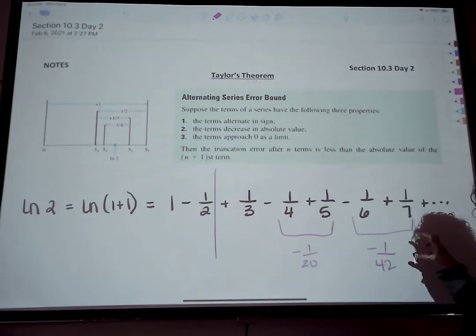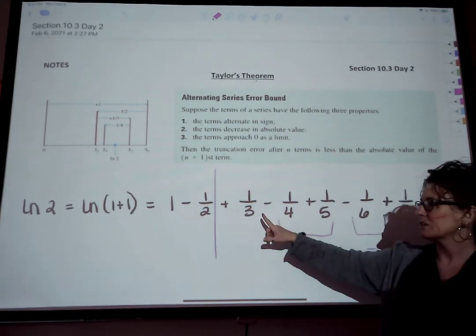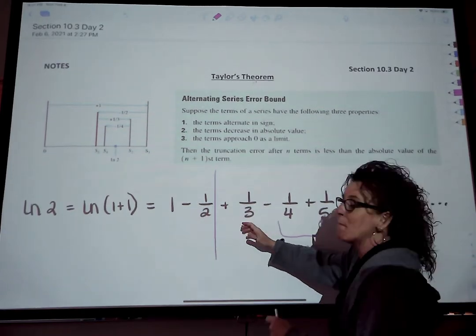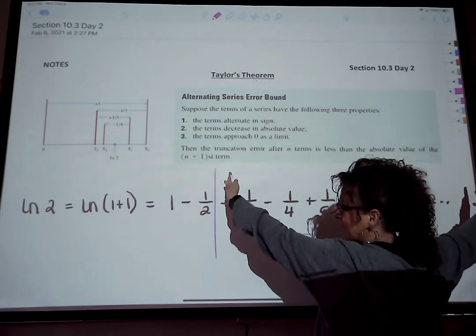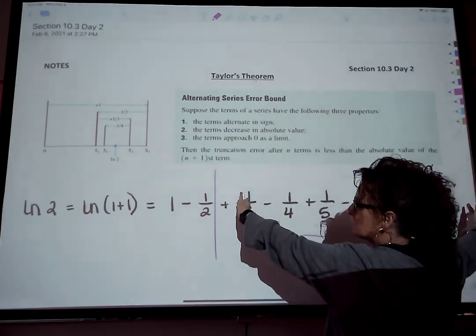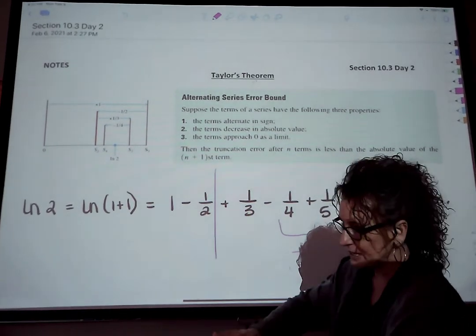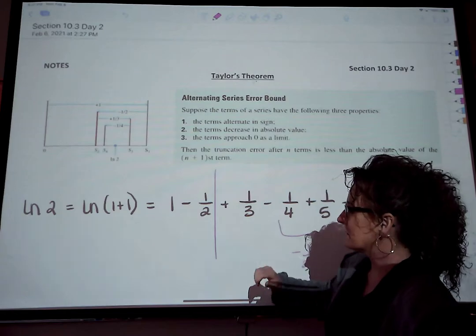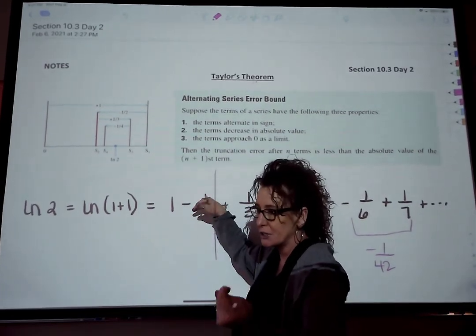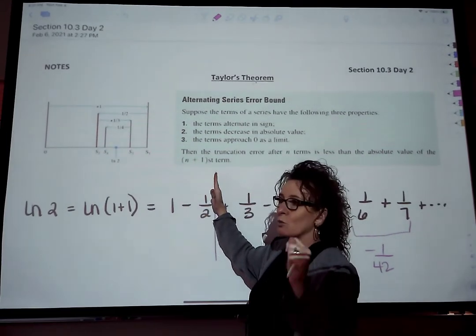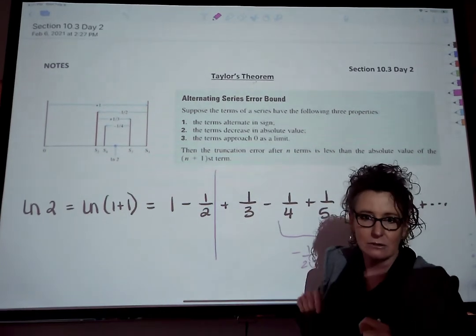If I keep pairing those two terms, I keep adding these tinier and tinier negatives to this, so my entire series that I cut off is going to be less than 1/3. So the alternating series error bound says wherever you cut off your series to turn it into a polynomial, your error will always be less than that very next term that you left out.